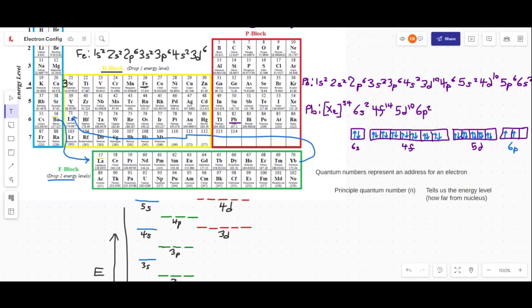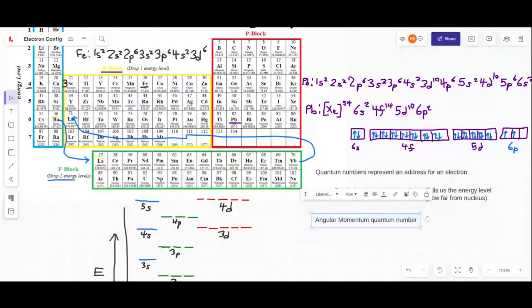Then there's the angular momentum quantum number. And by the way, this is also sometimes referred to as the azimuthal quantum number.